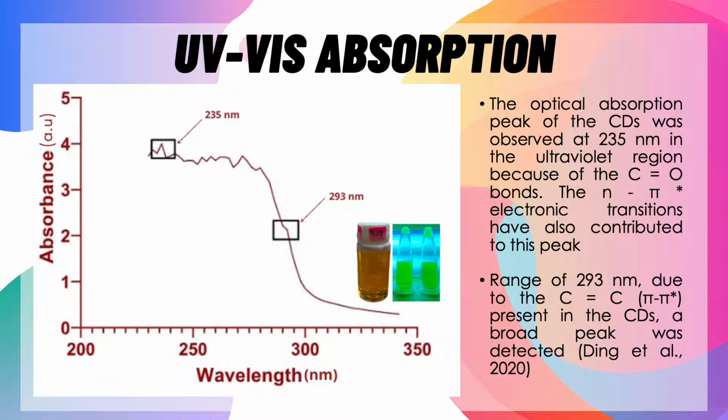We had a sharp peak at 235 nm due to the C=O n-pi* electronic transitions, and also a broad peak at 293 nm, pi-pi* electronic transitions, and C=C double bond. The presence of these electronic transitions proved there is an occurrence of functional groups on the surface of the CPH CDs, and the findings showed that the specific peaks indicate the successful formation of CDs by just using a very simple microwave method.